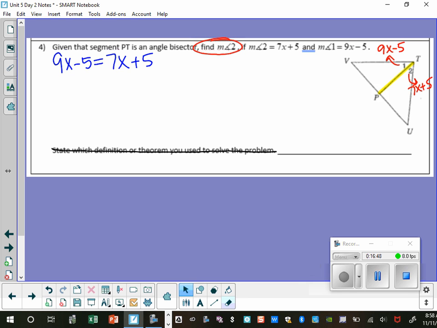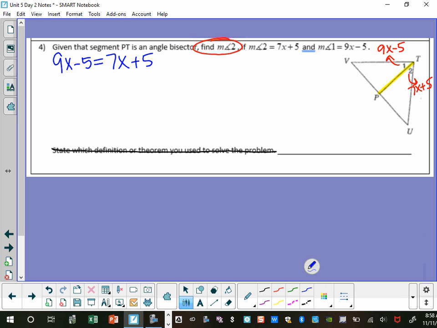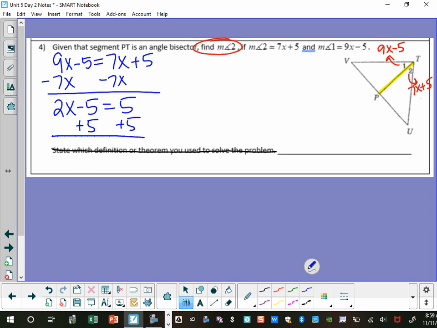So then, I'm going to subtract 7x. I'm left with 2x minus 5 is equal to 5. Then add 5 to the other side. So I have 2x is equal to 10. When we divide by 2, you should get x equals 5.